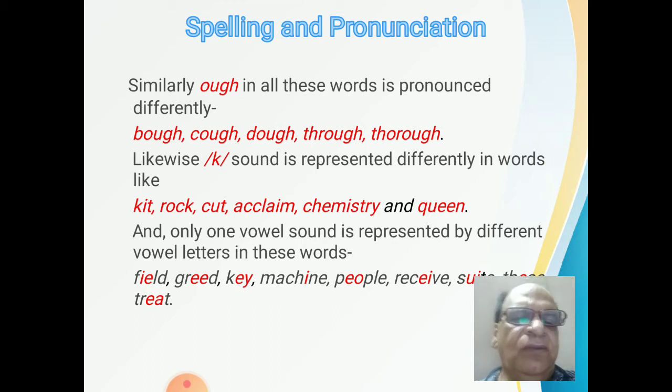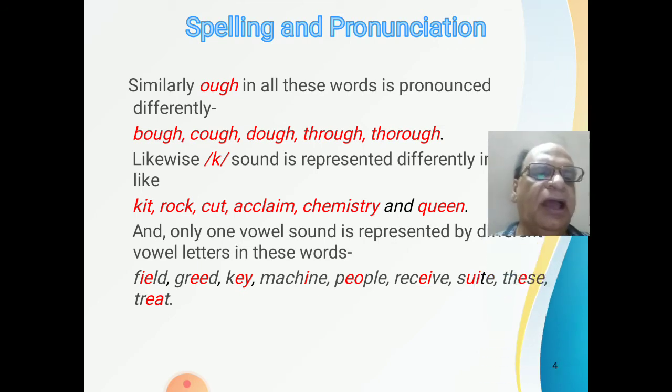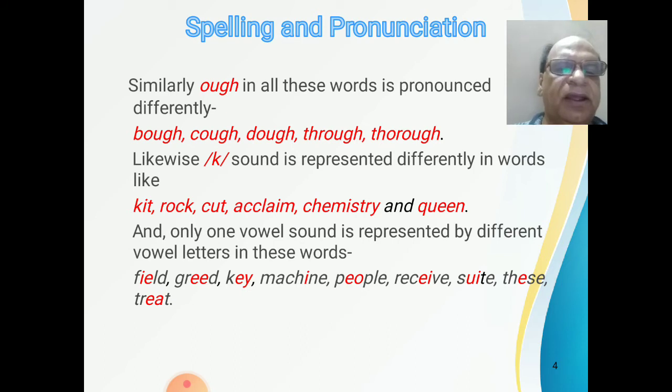And only one vowel sound is represented by different vowel letters in these words. Now, here are some examples which have different vowel letters, but the sound is the same in all these. Look at these words. Field, I and E. Greed, EE.